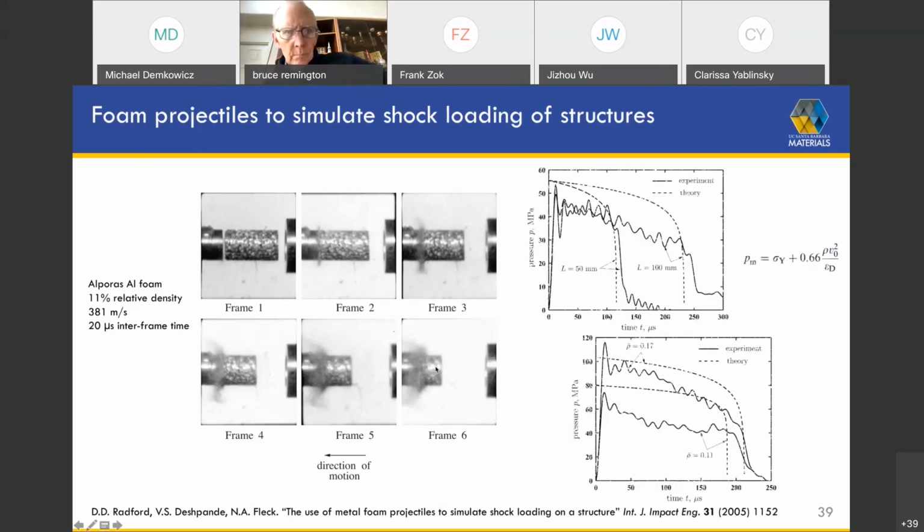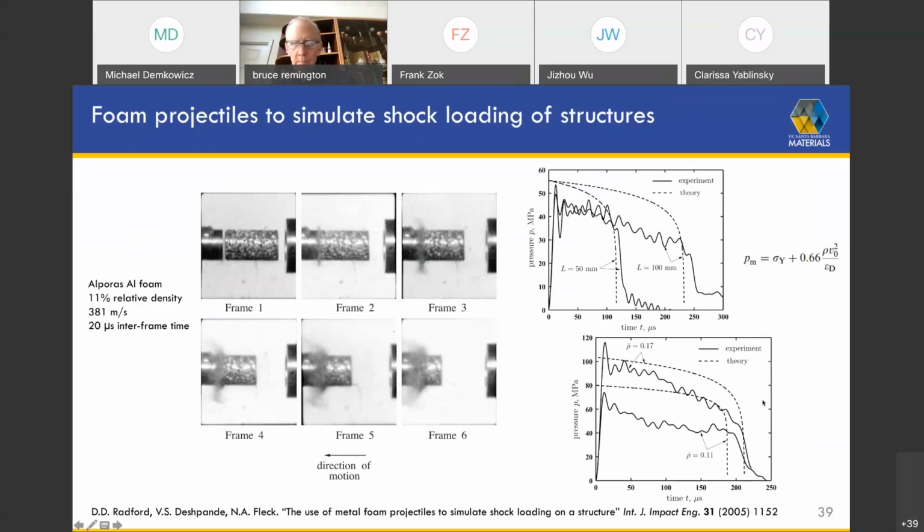And what you find then, if you measure the force time response, with this bar here being instrumented, is you get pressure time histories which you quantify and which you can relate to both the yield strength of the foam as well as to a hydrodynamic term which depends on the impact velocity.